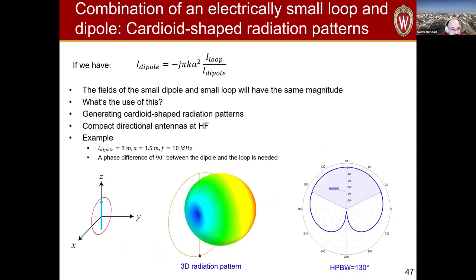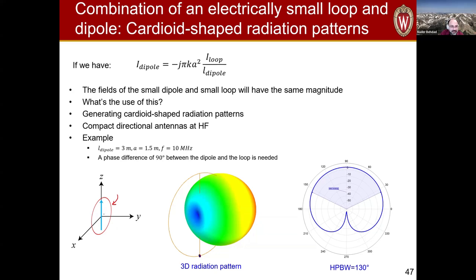What are some of these interesting things that you can do? Well, one of the things you can do is take your Hertzian dipole antenna and this Hertzian loop antenna, or magnetic dipole antenna, and combine the radiations together, because there is an inherent 90-degree phase shift between the fields radiated by a Hertzian loop antenna and a Hertzian dipole antenna.